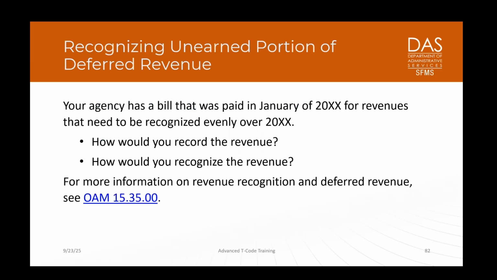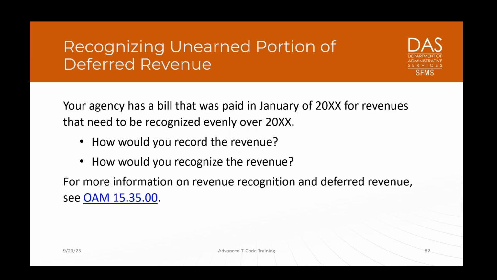Okay, let's dive in. So your agency has a bill that was paid in January for revenue, and that needs to be recognized throughout the year. So how will we record this revenue and how will we recognize the revenue? Again, always OIM will back us up.